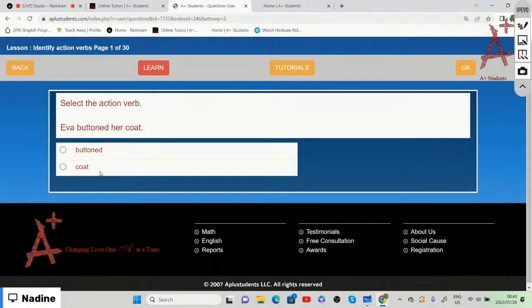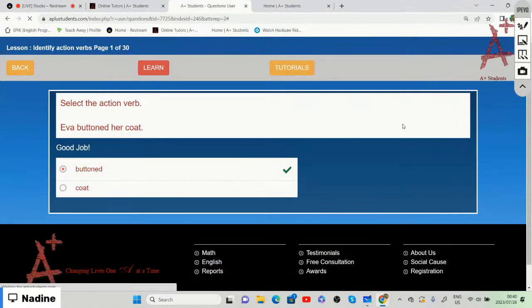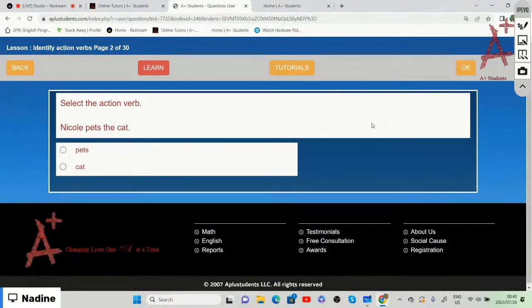All right, so if we choose the action verb within the sentence, then we can say that buttoned is an action verb that tells us what Eva does or did, right? She buttoned her coat. Nicole pets the cat, right?